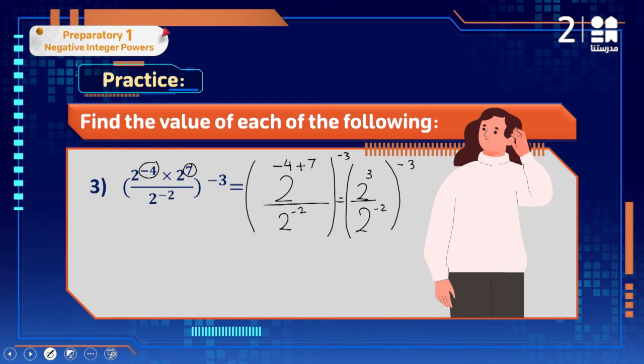Okay, now we have 2 to the power of 3 over 2 to the power of negative 2. Raise this up, so it becomes 2 to the power of 3 times 2 to the power of 2, all of them to the power of negative 3. In multiplication, add them, so it becomes 2 to the power of 3 plus 2, which is 5, all of them to the power of negative 3.